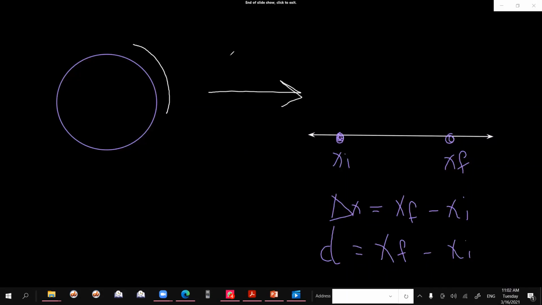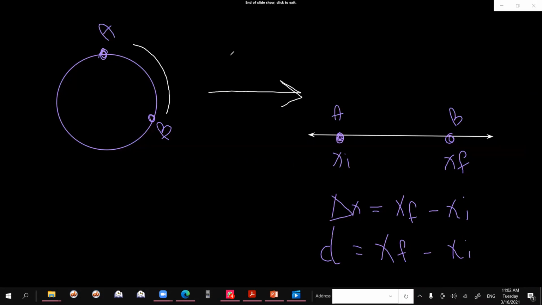Let's say there's a point A, the initial position, and a point B, the final position. Now we call these angular positions, and the displacement will be an angular displacement. The previous one was linear displacement.